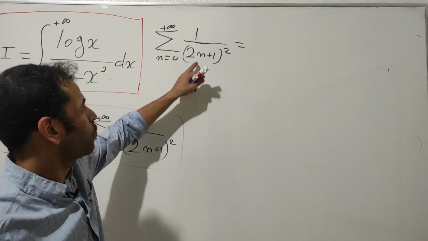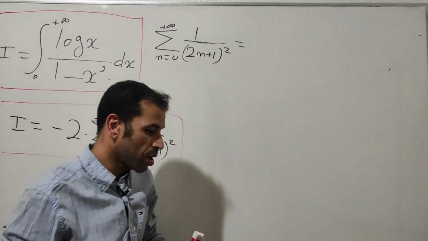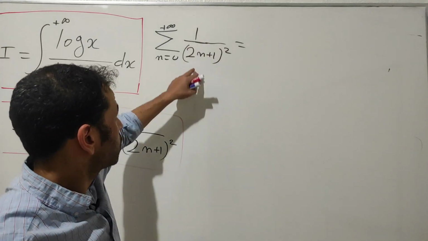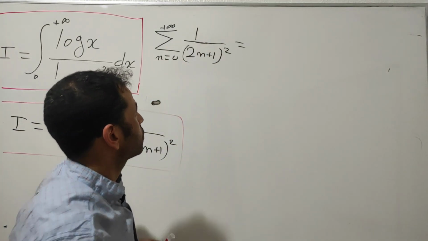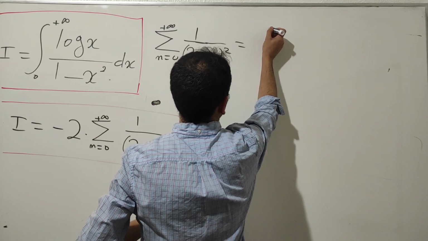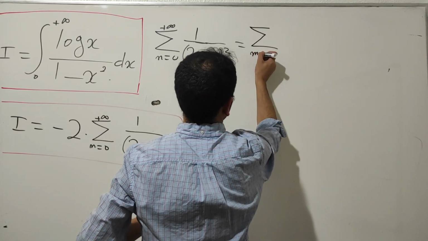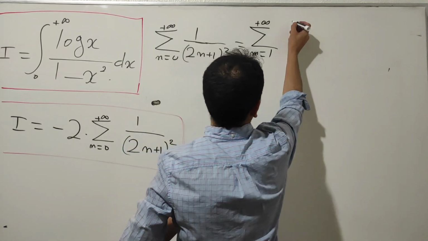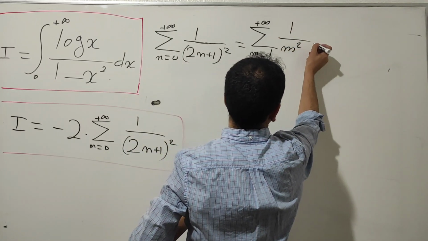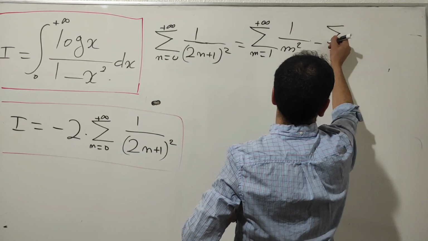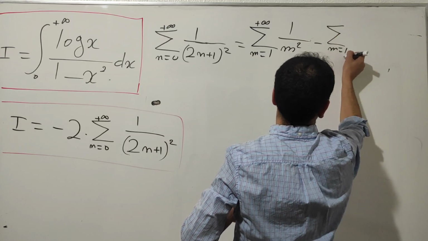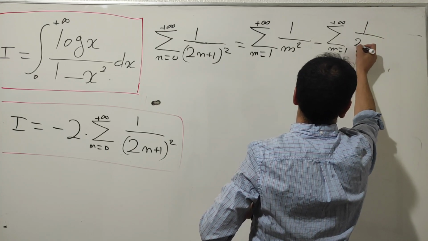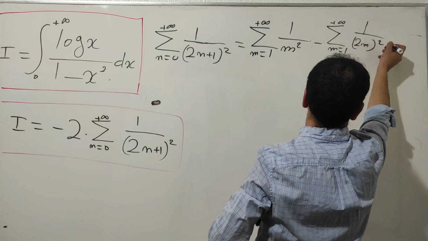The sum of 1 over n squared equals the sum of the odd terms plus the even terms. Here we have the odd terms, which means the sum as m goes from 1 to plus infinity of 1 over m squared minus the sum as m goes from 1 to plus infinity of 1 over (2m) quantity squared.